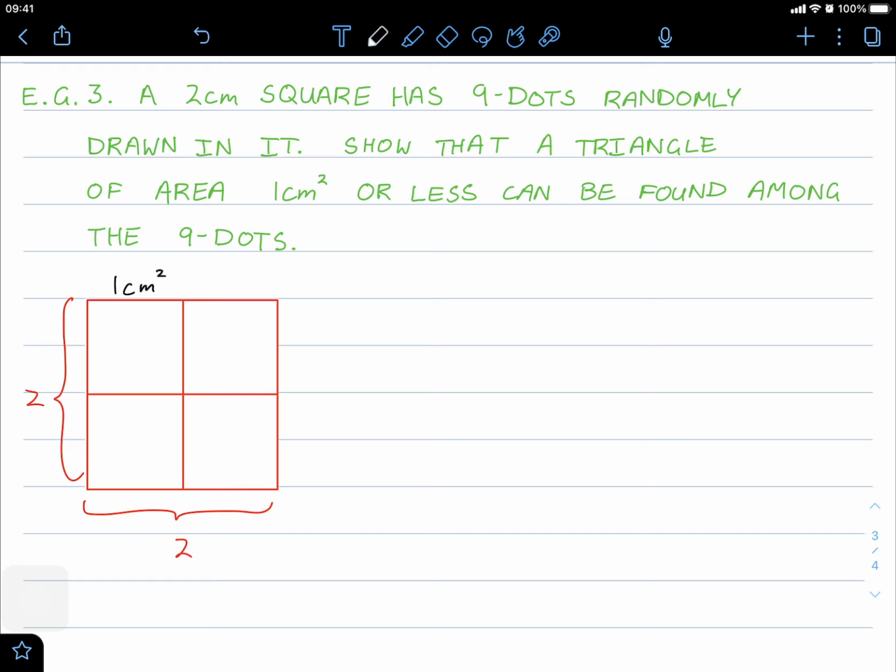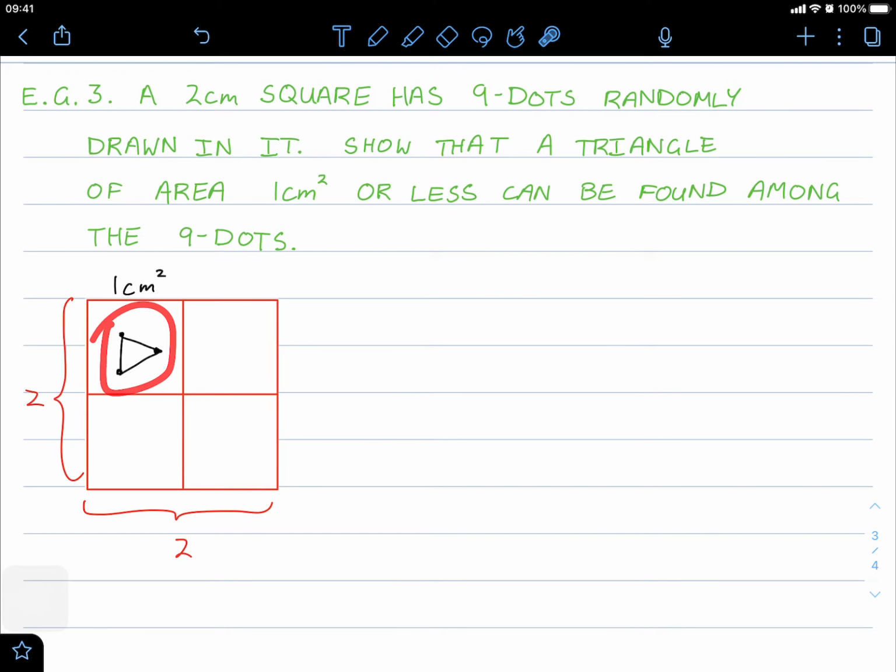Now, for a triangle to be guaranteed to have an area of 1 centimeter square or less, 3 dots have to be inside of this square. Because just like I showed you before, the area of a triangle drawn inside of a square has to be less than the area of the square it's drawn inside of.